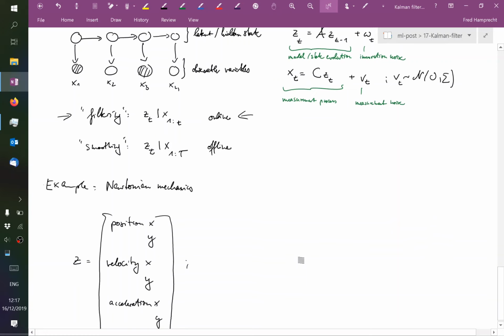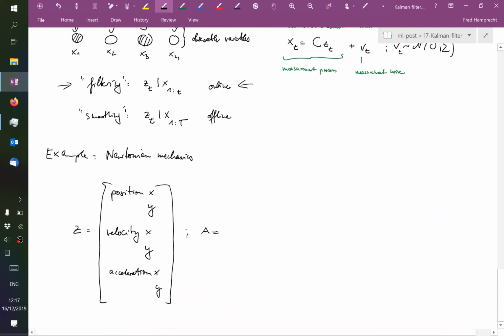And our state evolution equation dictates that the next hidden state equals A times the previous hidden state. So we can now reason about what this matrix A should look like. Well, the new position is going to be the old position plus time lag times our velocity. So I'm putting 1, 0, delta t.